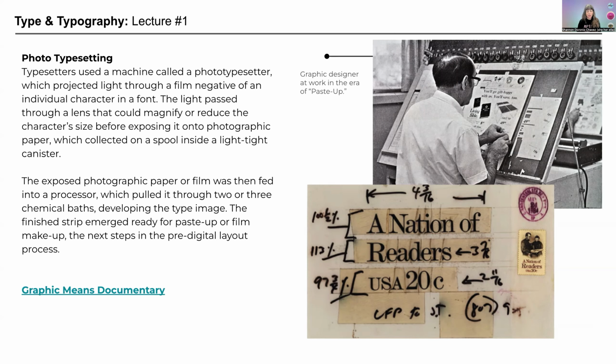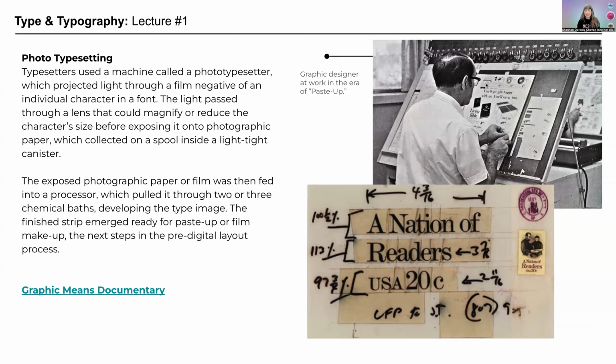That exposed photographic paper was then fed into a processor, which pulled it through 2 or 3 chemical baths and developed that type image. The finished strip was used to create something called paste up or a film makeup. And the next steps in the pre-digital layout process. So this is the paste up era.